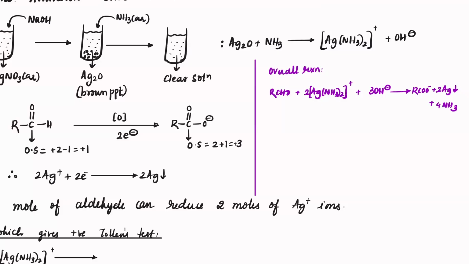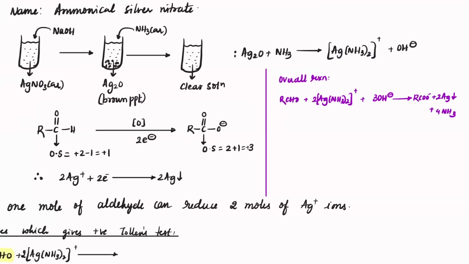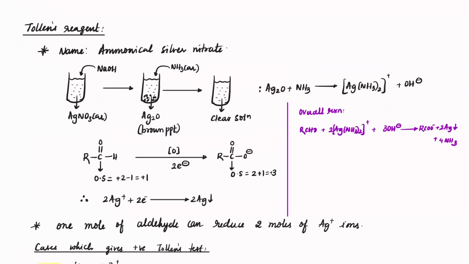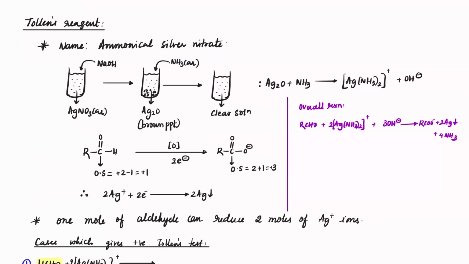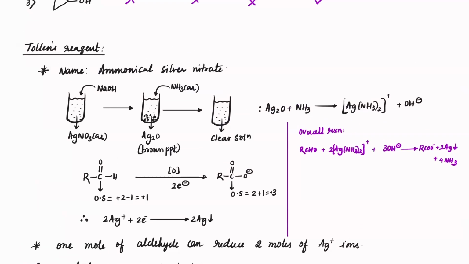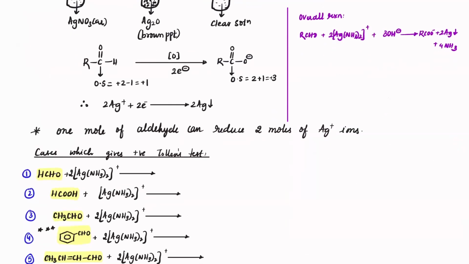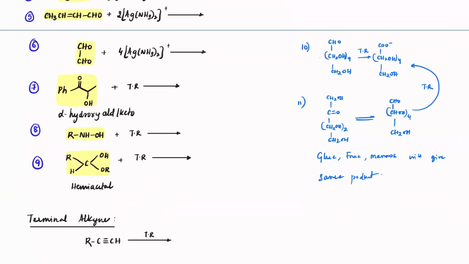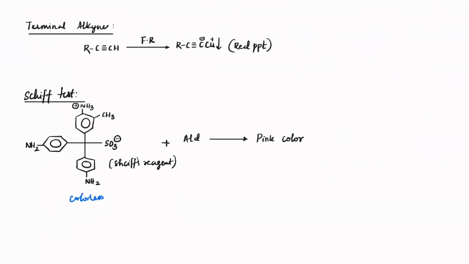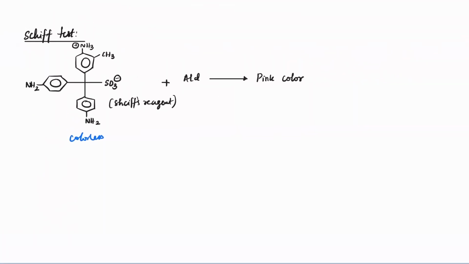This is the overall reaction that happens. Clear? So this is how the Tollens reagent works. Got it? Now, before coming into these cases, first let me give you a briefing on Fehling's and Benedict's solution also, and then I'll come back and visit there. What are all the cases that we need to check out?